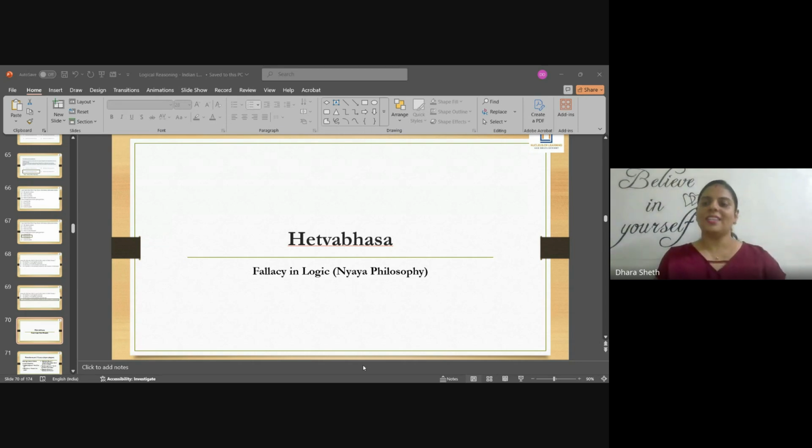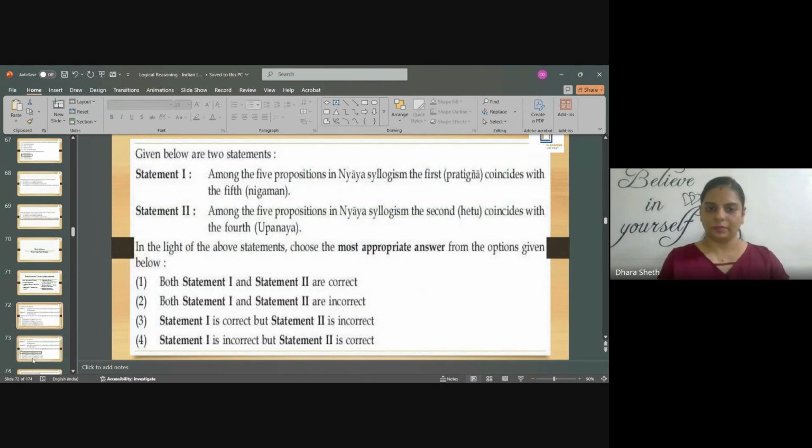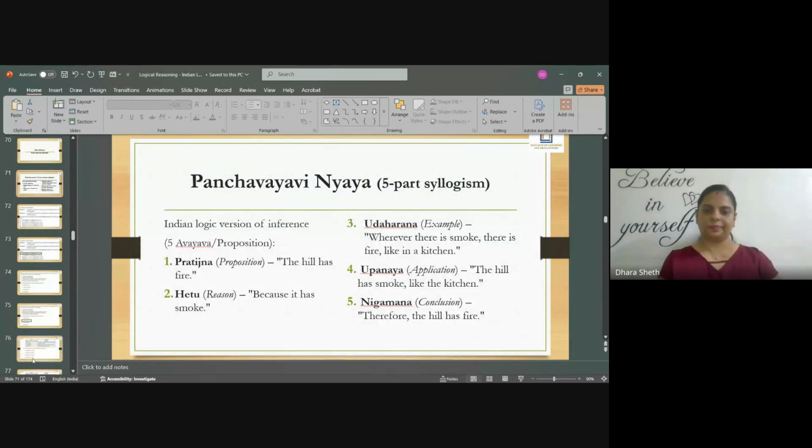Similarly, fallacies in Nyaya philosophy are called Hetva. Okay. So we started the session with here because this was the topic that we previously covered, 5 propositions.